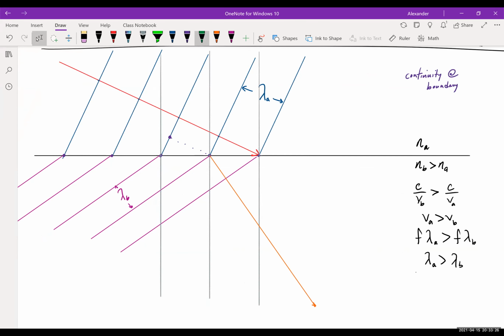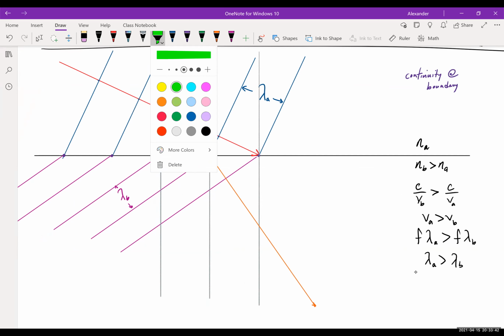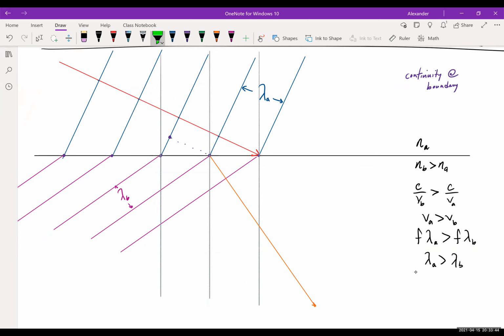Now, we know some things. We know that this distance, I'm talking about triangles now. I'd like to talk about that triangle. And that one.